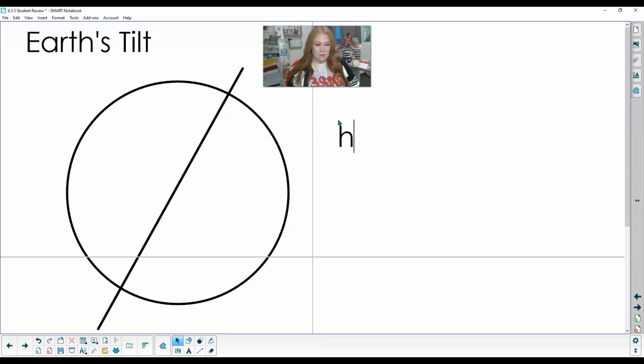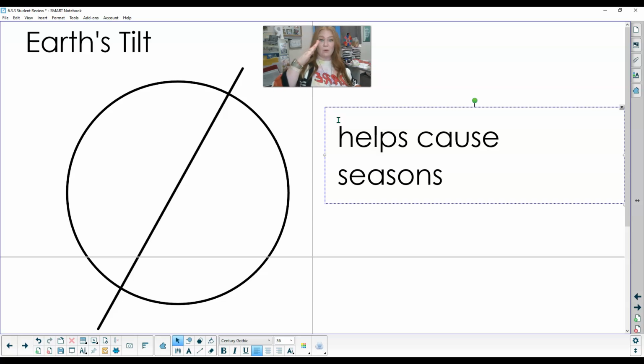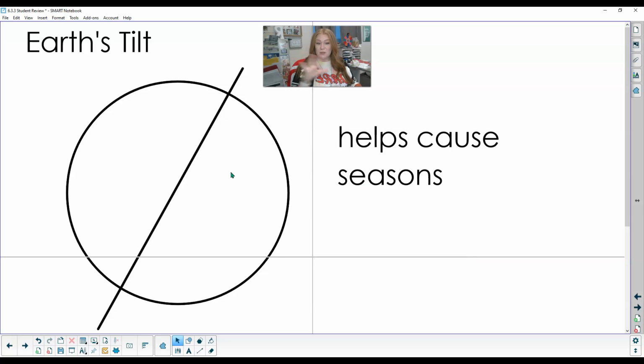So this also helps cause seasons and that unequal heating, because as it goes around, sometimes it is pointed towards the sun, sometimes it is pointed away from the sun. So those are the 2 main things. Not straight up and down. It is actually 23.5 degrees.